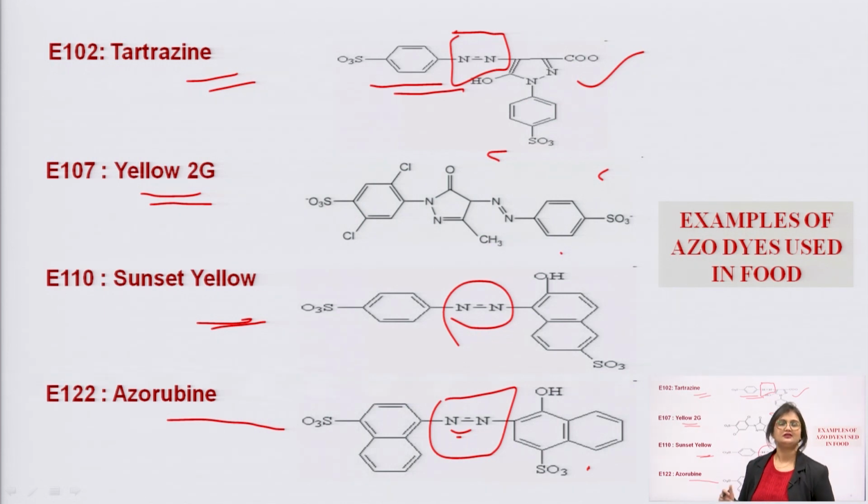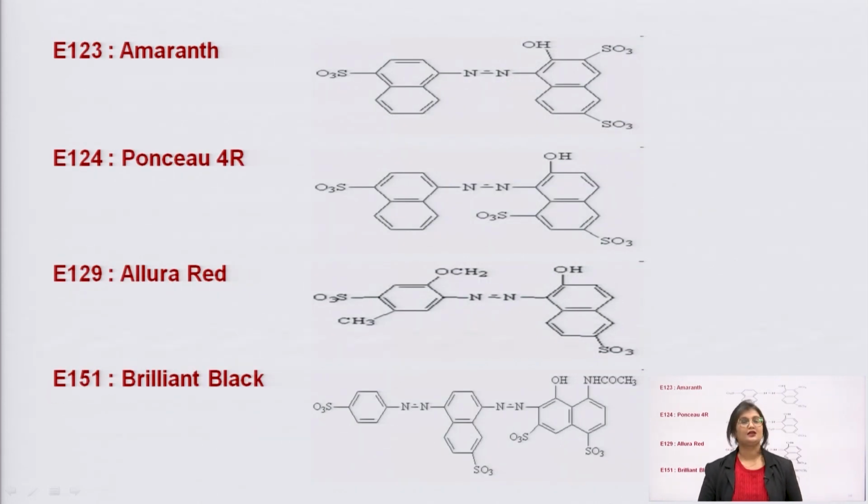So, these are a few examples of azo dyes which are used in the food industry, starting from tartrazine, yellow 2G, sunset yellow, azorubin, etc. Apart from this, there are other azo dyes as well. For example, amaranth. Amaranth is an azo dye which is used in the food industry.